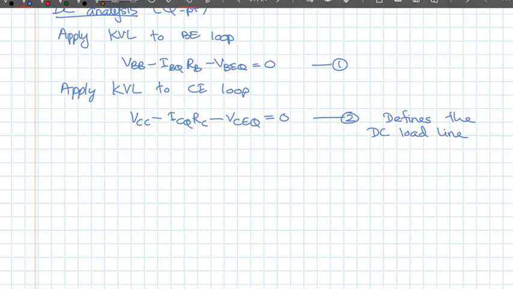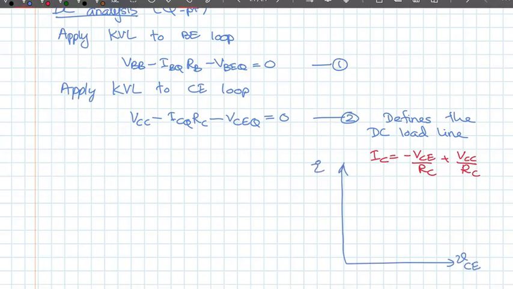So the DC load line, in the proper form, would be IC equals minus VCE over RC plus VCC over RC.